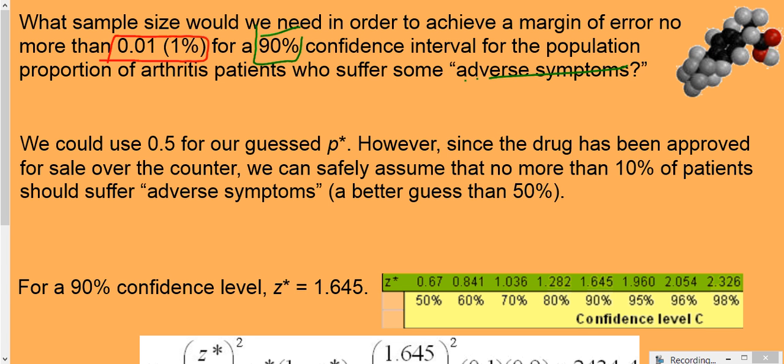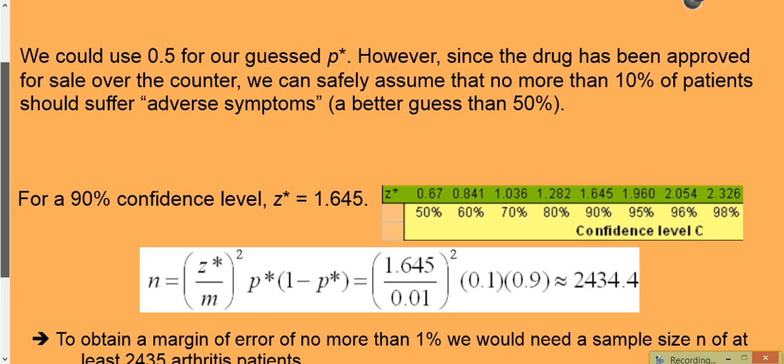However, since the drug has been approved for sale over the counter, we can safely assume that no more than 10% of patients should suffer adverse effects, which is previous information, again, an educated guess. We have some information there to help us be more focused, so it's better than using just 0.5. So we're going to use a value that they give us, which is 0.1, so 10%.